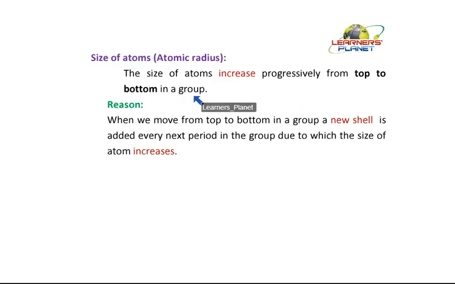Why is the size increasing? When we move from top to bottom in a group, a new shell of electrons is added in every next period in the group, due to which the size of the atom increases. Let's check out how it happens.